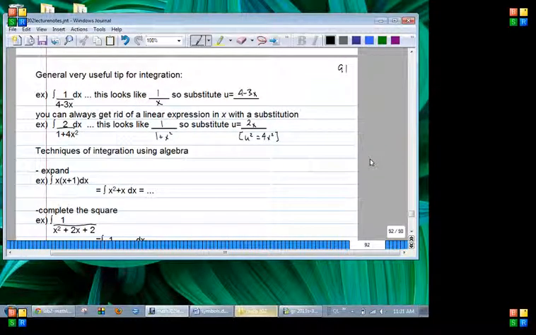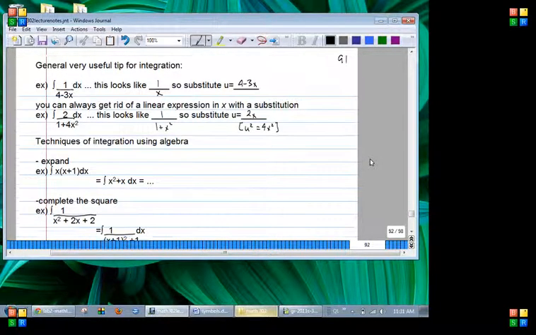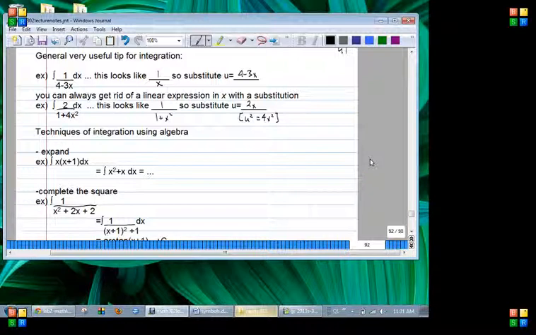Number 2, complete the square. So take the integral of 1 over x squared plus 2x plus 2. Just complete the square. So here's mentally how I completed the square. I said take that 2 and split it up into 1 plus 1.